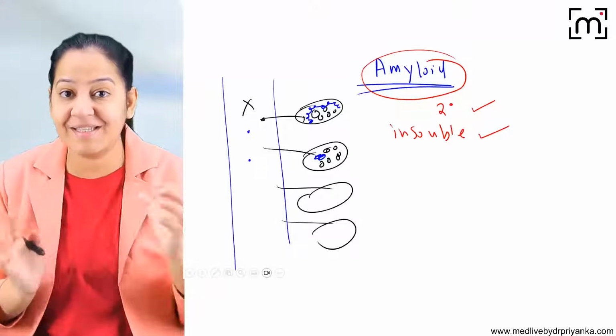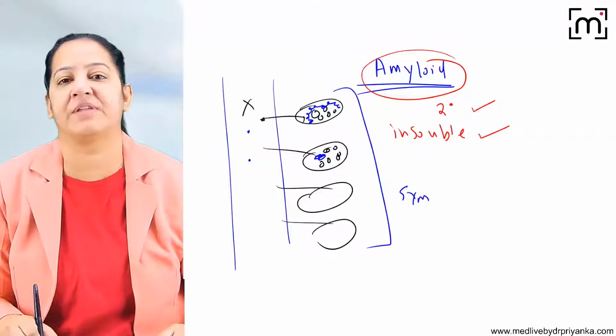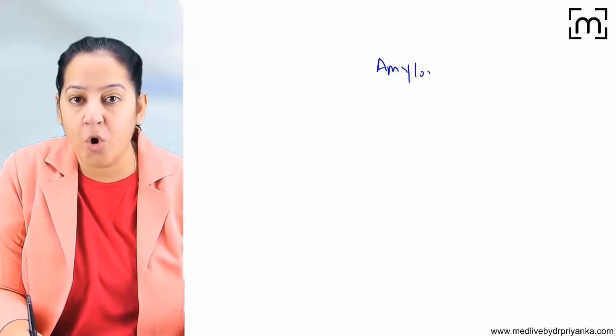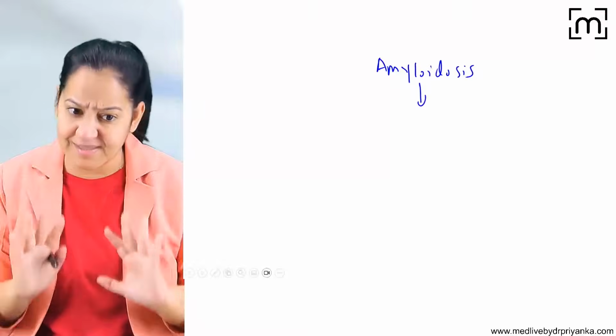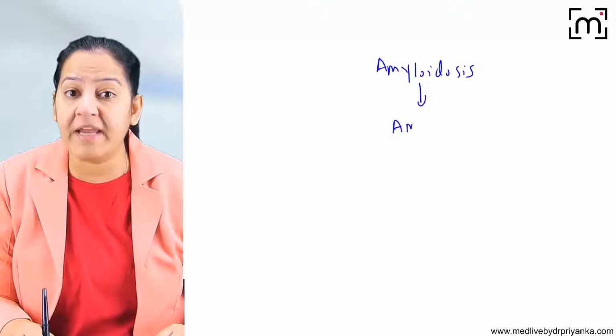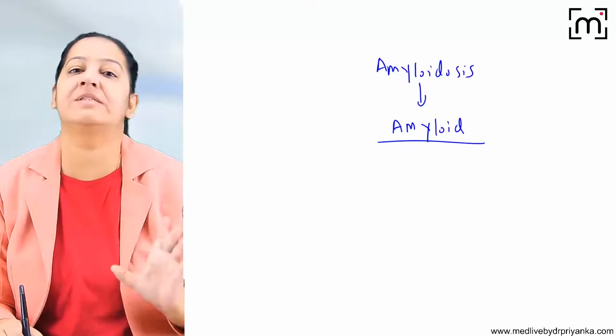So it compresses the cells of multiple organs, and it produces symptoms because of that. So that is the disease amyloidosis. So what is amyloidosis? Don't learn, please understand the definition. Amyloidosis is a disease in which an abnormal protein, the name of the abnormal protein is amyloid, is formed in the human body.